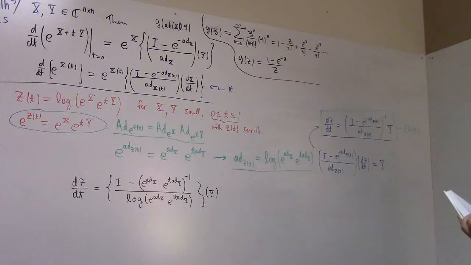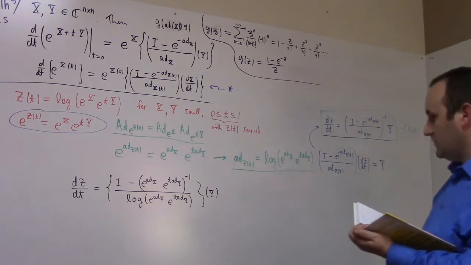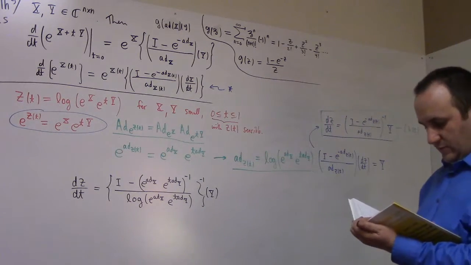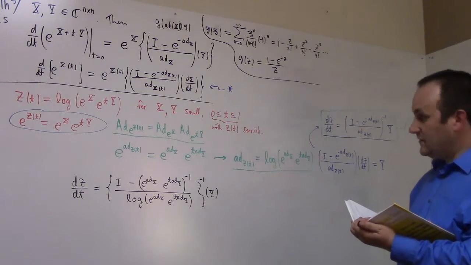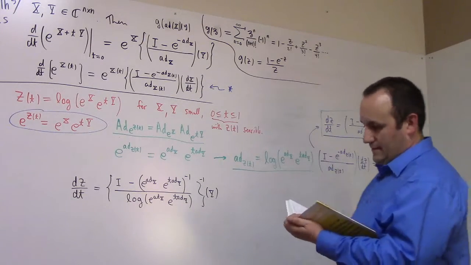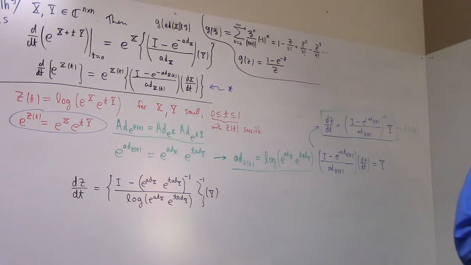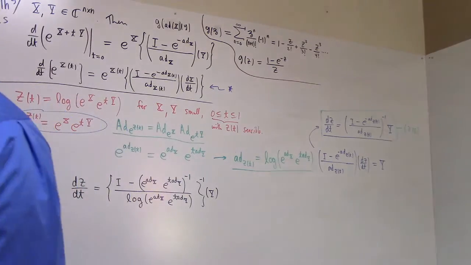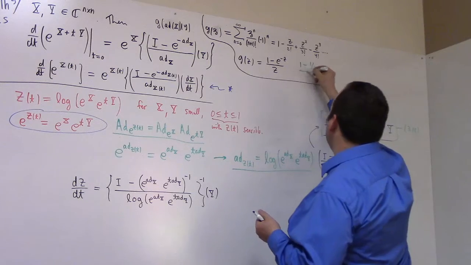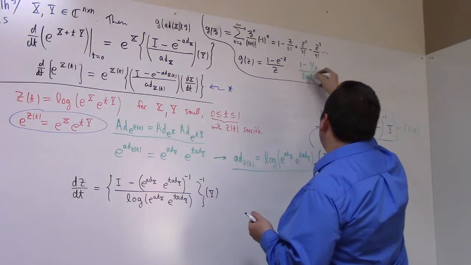Now his next observation is that there's also an inverse on the outside of the braces. Oh, yes, thank you. Good point. So I think his next point is to observe that this g of z is also equal to, I'm going to go back up to the top of the board now, 1 minus 1 over z divided by log z, all inverted.